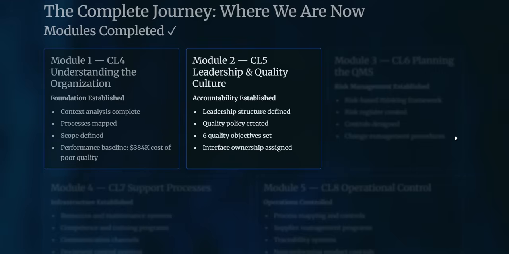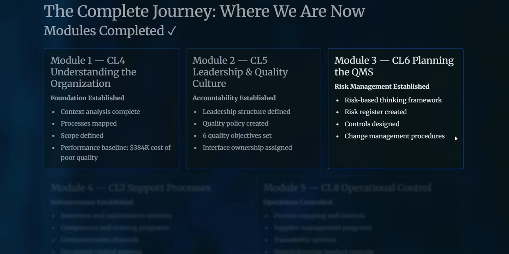Module 2, Class 5, Leadership and Quality Culture. Accountability has been established there, and that includes leadership structure defined, quality policy created, 6 quality objectives set, and interface ownership assigned.